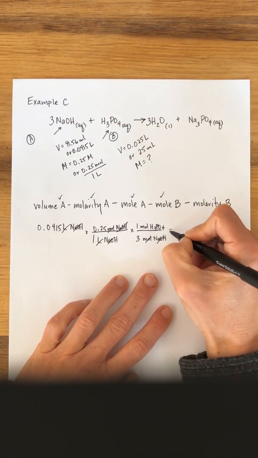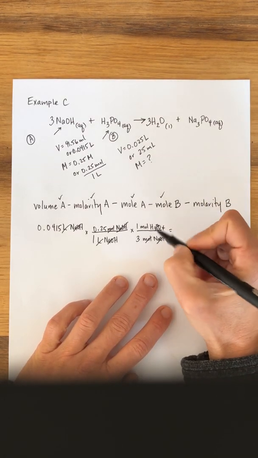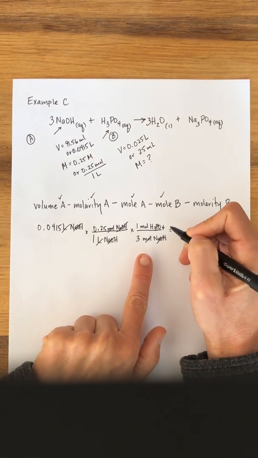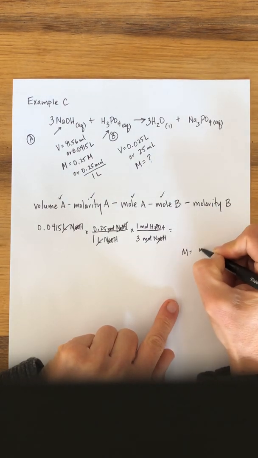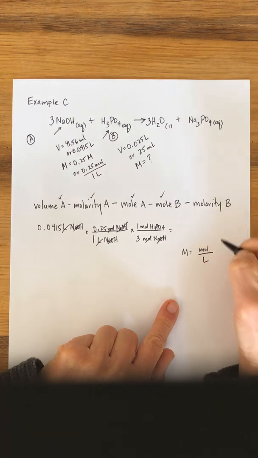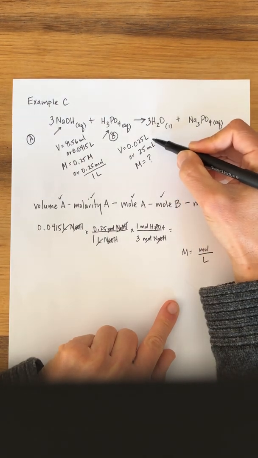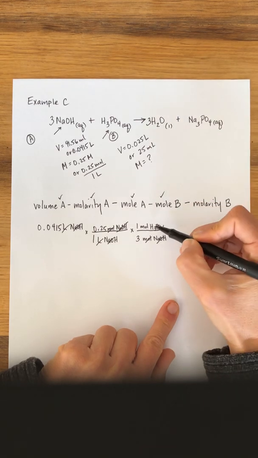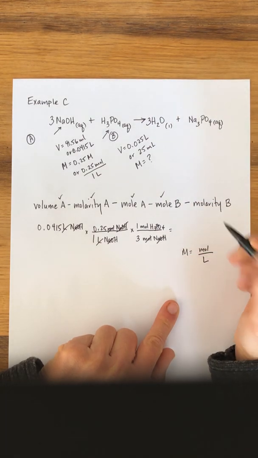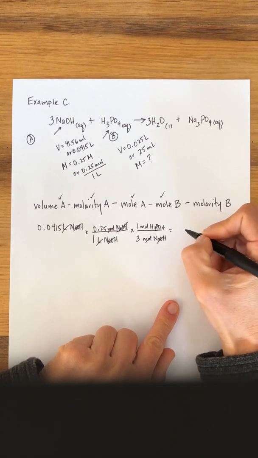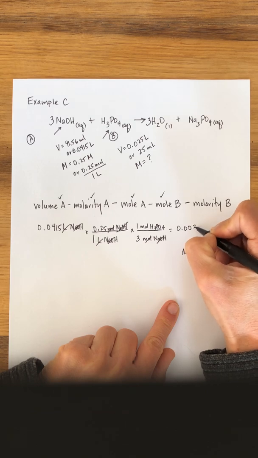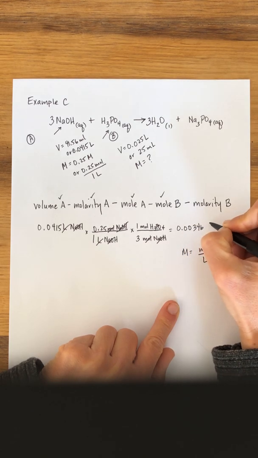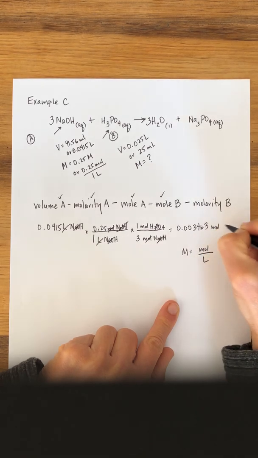Now this one is a little bit unique in that you're going to notice that I now am at moles. And remember, molarity is moles over liters. Now take a look what I have up here. I already am told how many liters I have. I am given the units of moles over here. So essentially all I need to do is calculate this through, which is 0.003463 moles of H3PO4.